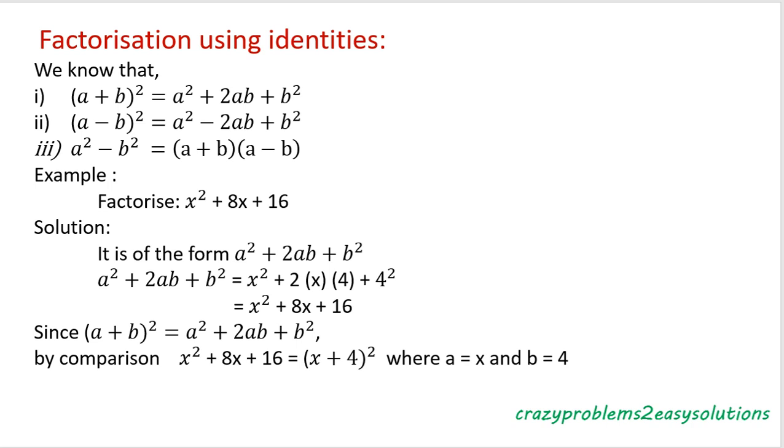First of all, b square is 16, obviously b is 4. In 2ab, a is x, and b is 4. Since (a plus b) whole square equal to a square plus 2ab plus b square, by comparison x square plus 8x plus 16 equal to (x plus 4) whole square. Here a is x and b is 4.